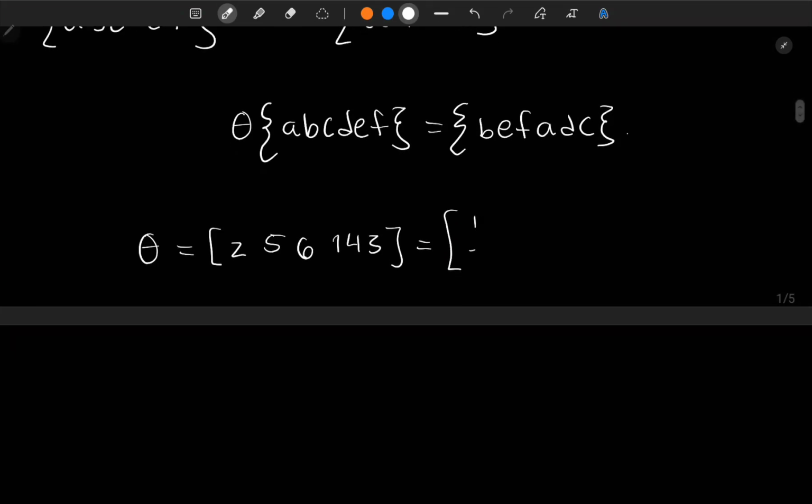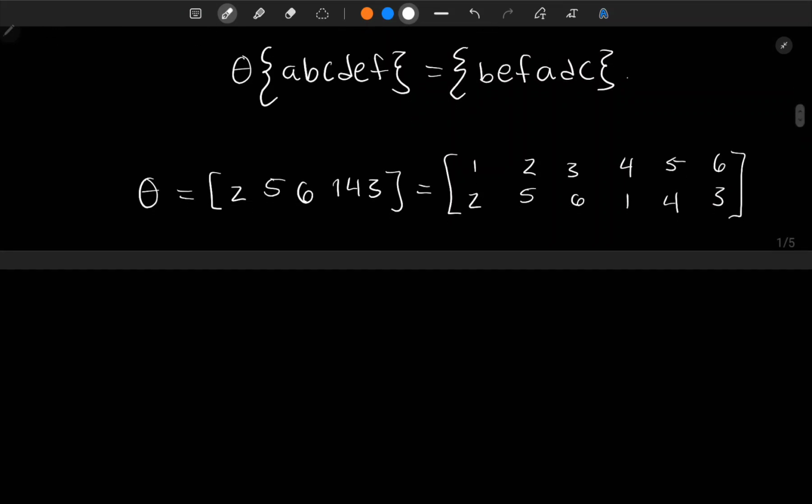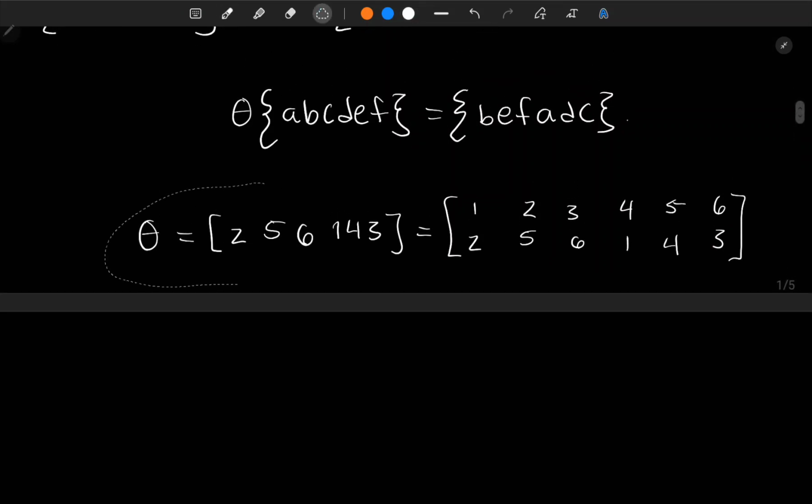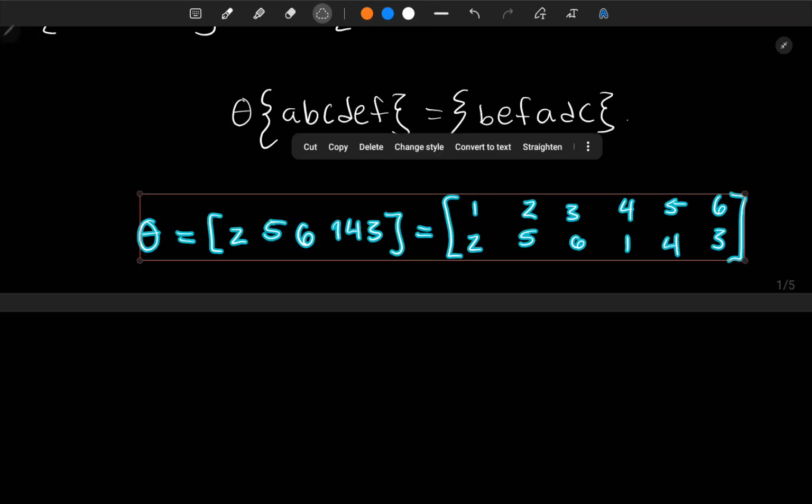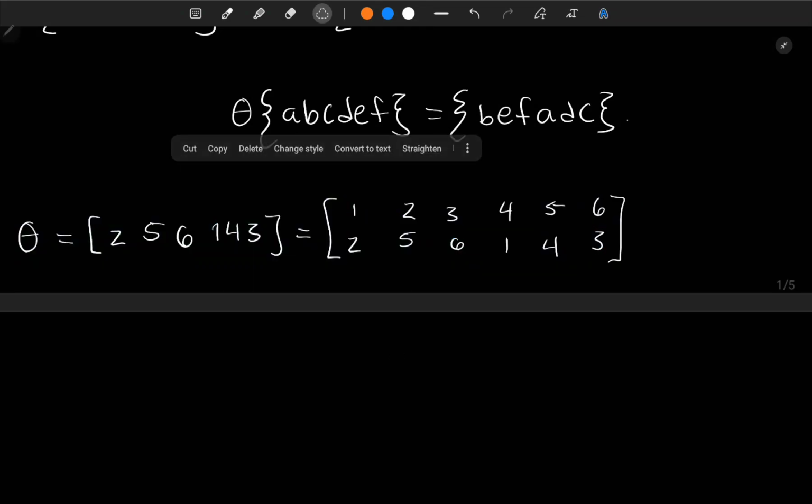We have 1, 2, 2, 5, 3, 6, 4, 1, 5, 4, and 6, 3. So this is one way of writing out permutations, or elements of Sn. Here it would be S6.